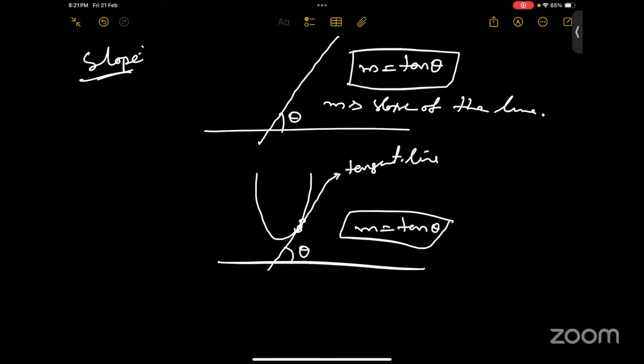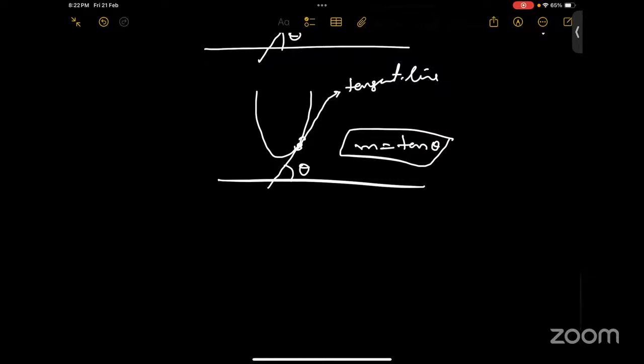That means if we have any arbitrary curve, and at any point I want to calculate the slope, I will take the help of a line, the tangent line, the linear approximation of the curve at some point.